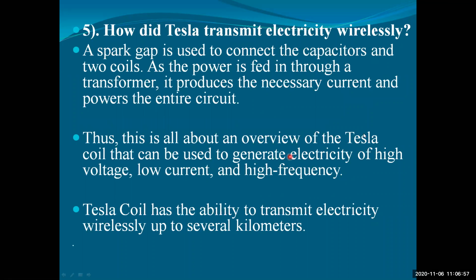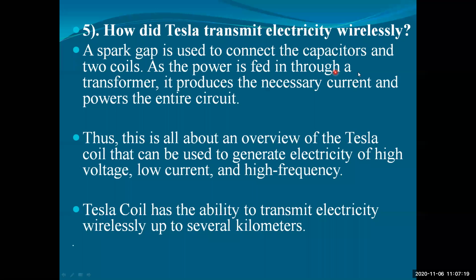How did Tesla transmit electricity wirelessly? So this is our upcoming concept. Nowadays we are concentrating on how to transmit power without using transmission lines. I have already explained this concept. A spark gap is used to connect a capacitor and two coils.